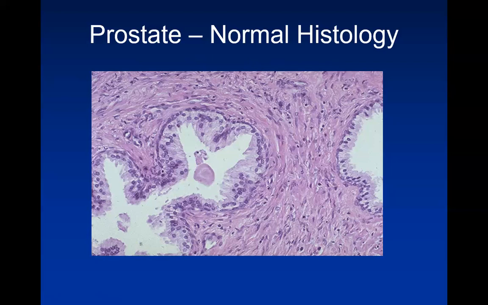The other features that you will see in normal benign tissue are good maturation towards the surface, similar to what you have seen in other tissue, and a lot of cytoplasm, as you can see here.